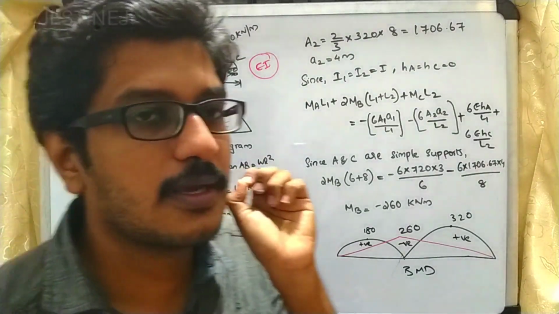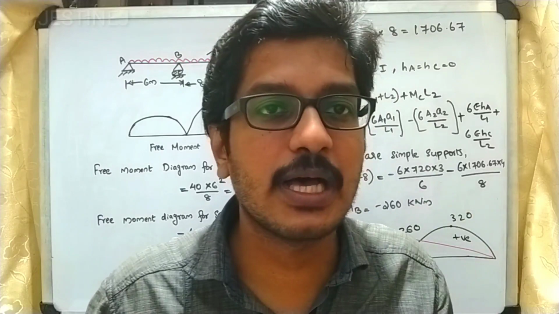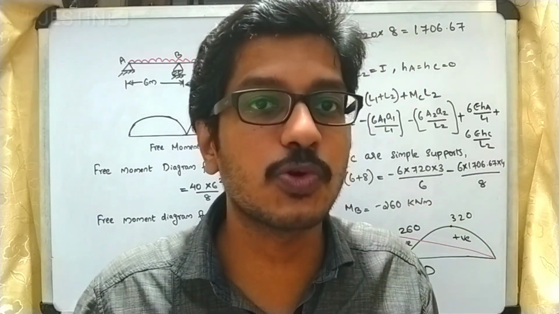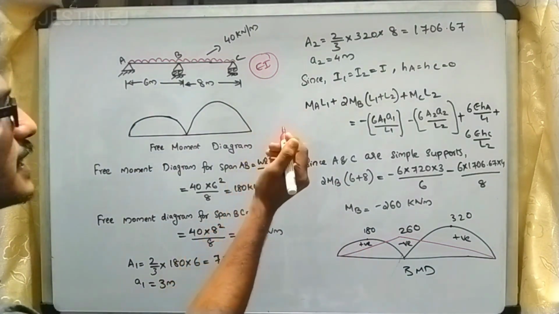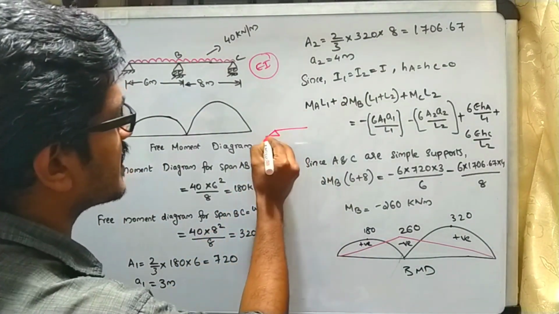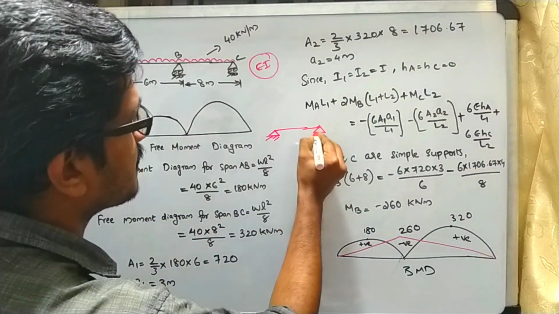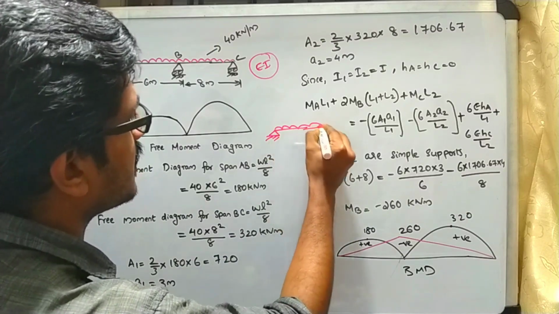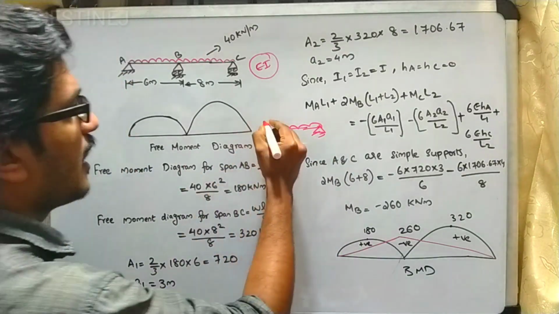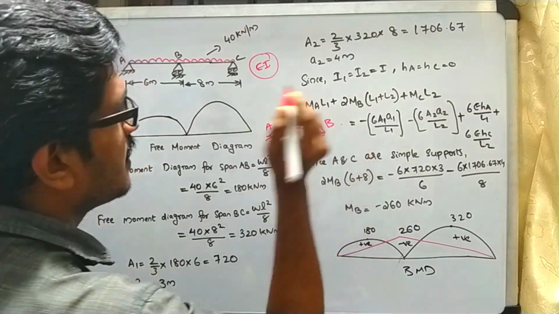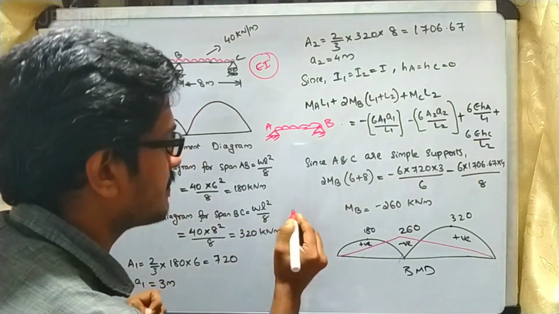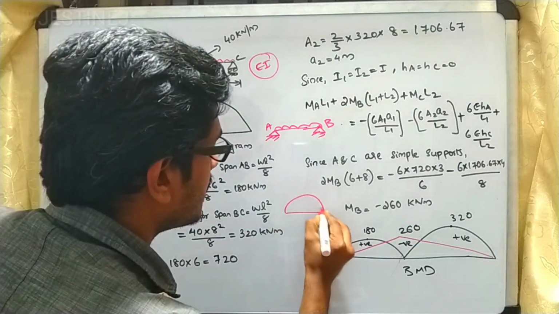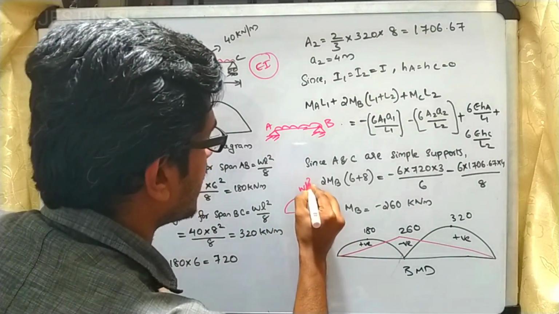Our first aim is to determine the free moment diagram. How to draw it? Already mentioned, the free moment diagram can be easily drawn by considering a simply supported beam. In the span AB a UDL is acting, and we know that for a UDL over a simply supported beam, the maximum bending moment will be WL square by 8.